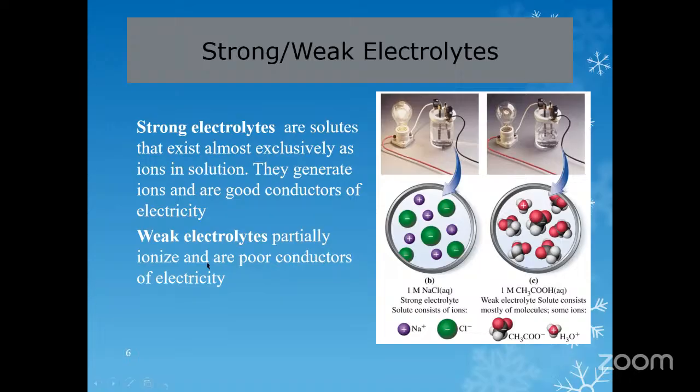That is manifested by the bulb, which is part of the circuit, lighting up very brightly, because the concentration of ions in this solution is relatively high. So it allows an electric current to pass through it. Those are strong electrolytes.